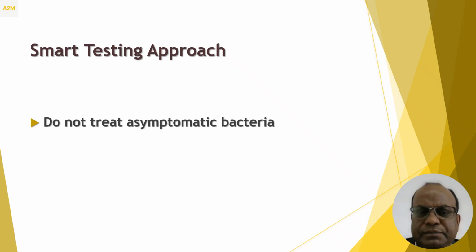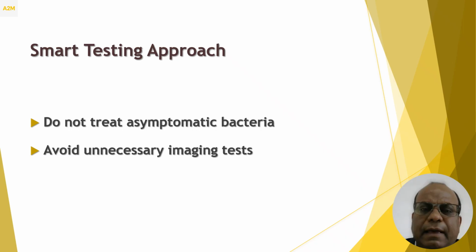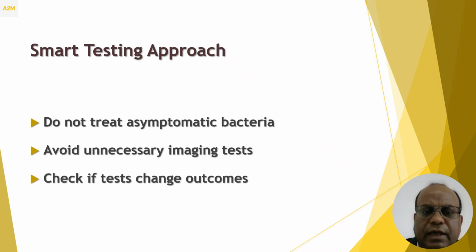For example, many older adults have bacteria in the urine, as I said, without any symptoms. This is called asymptomatic bacteriuria. Testing or treating this can cause harm, such as side effects from the antibiotics. So we avoid routine urine tests unless the patient has clear symptoms like burning, fever, or pain.